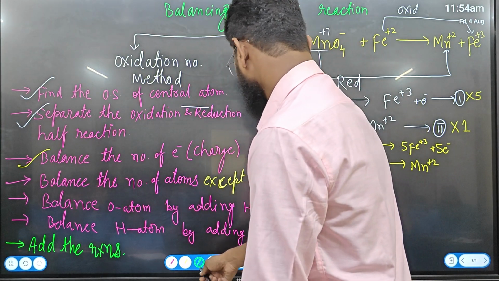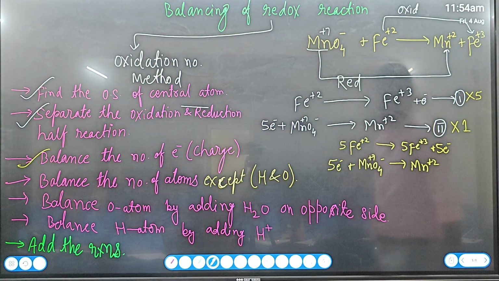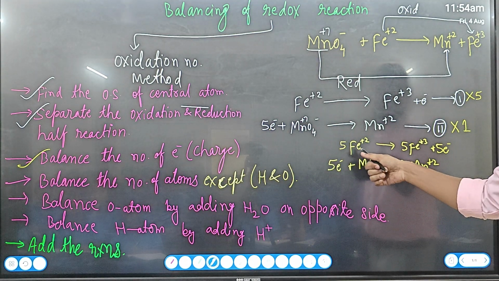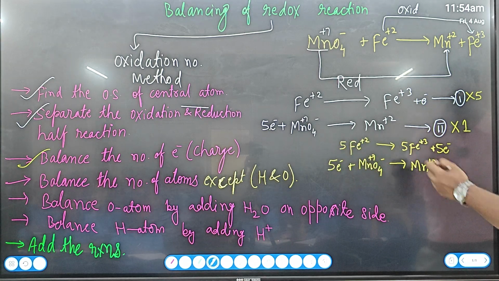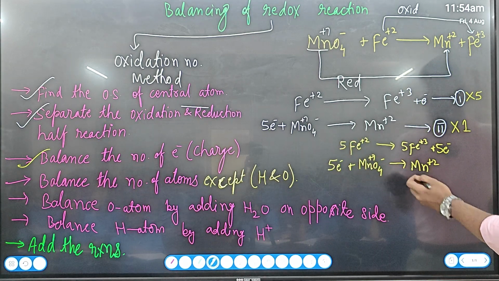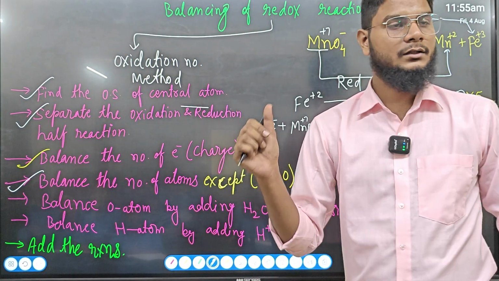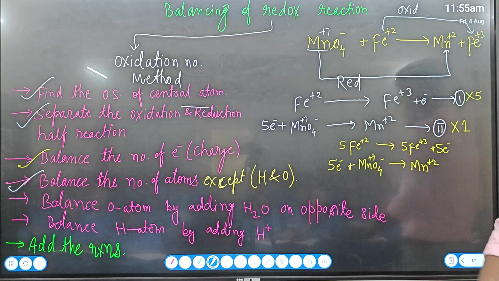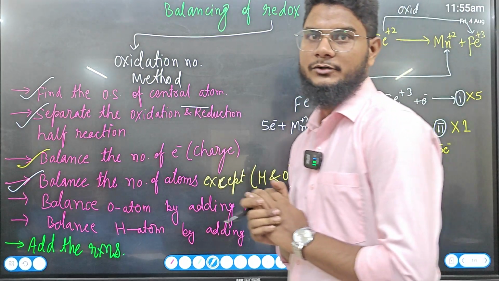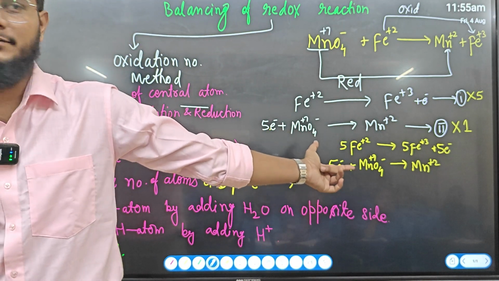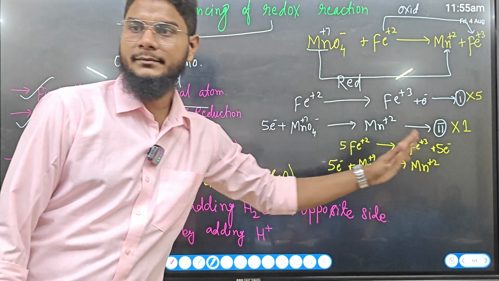You have to balance now the number of atoms except hydrogen and oxygen. So you have to balance the iron atom. It is already balanced, right? 5 Fe, 5 Fe, 1 Mn, 1 Mn. So this step is not required here. Fe is already balanced, Mn is already balanced.